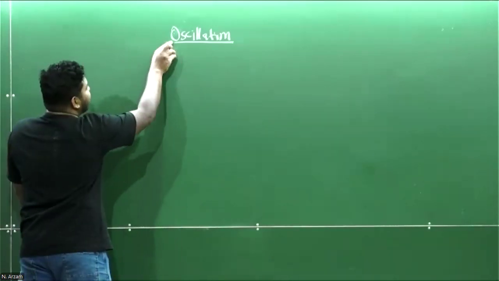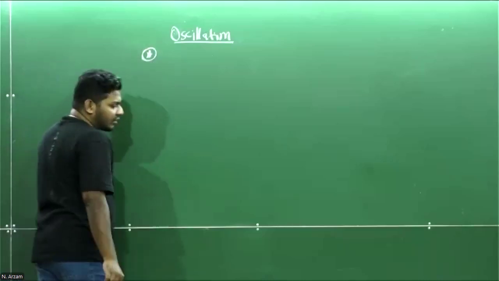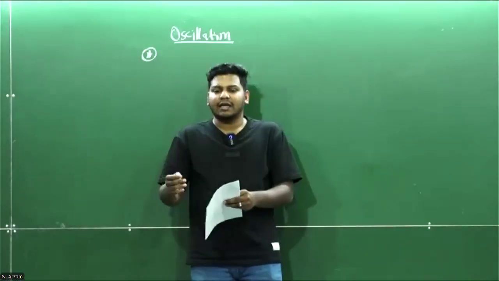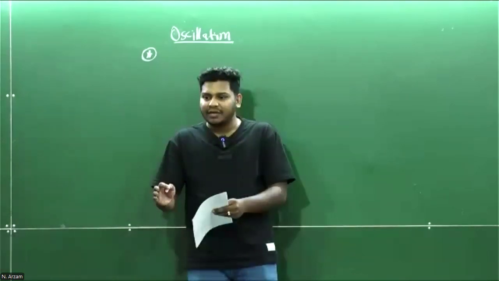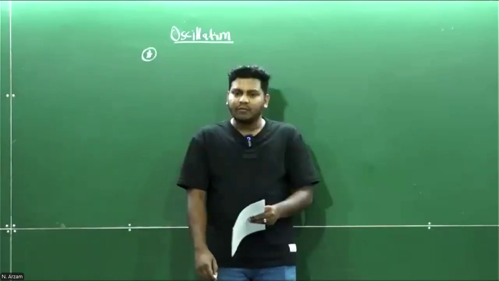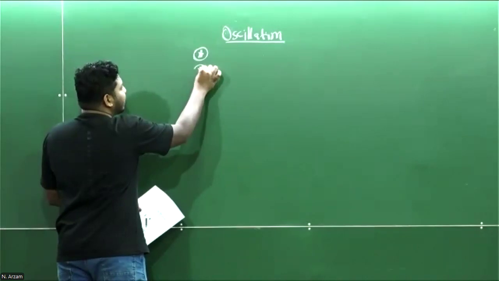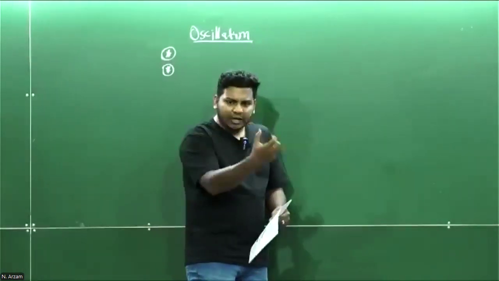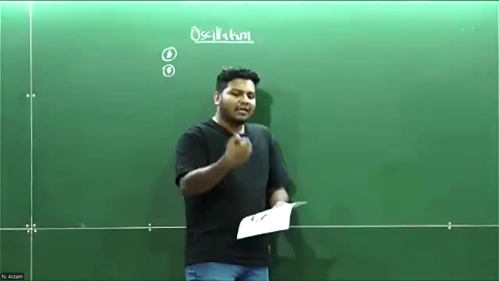So the first one is periodic motion. Periodic motion is the same motion happening again and again with the same time period. Something like a circular motion, or the rotation of the earth, which rotates within a 24 hour time period and happens again and again.